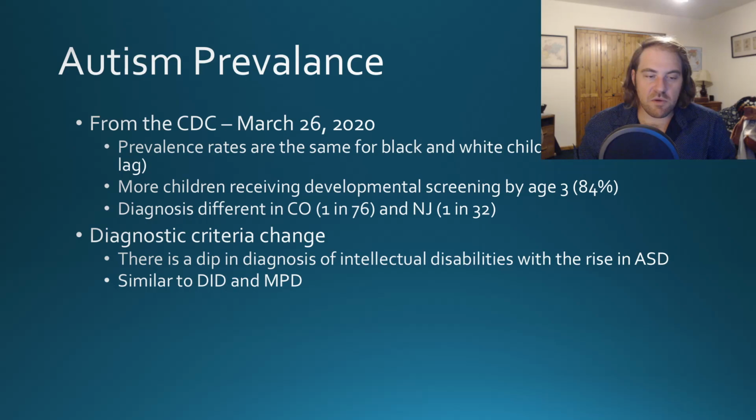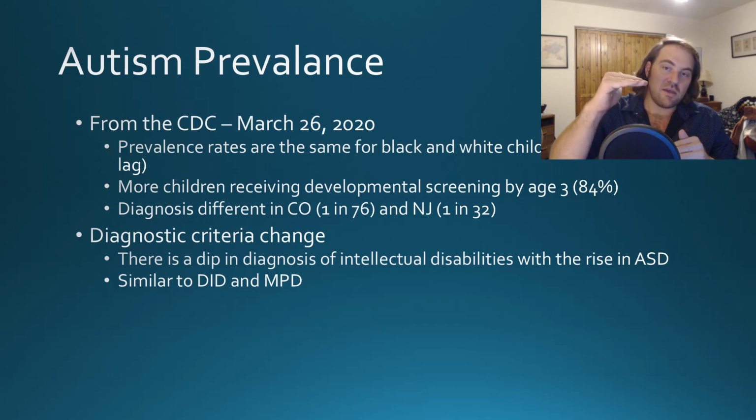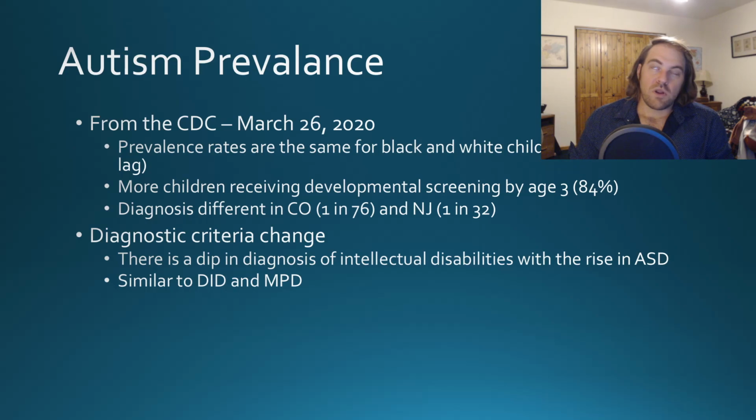It seems like what's going on is there's some criteria overlap. And what we see is that there's a dip in diagnosis of intellectual disabilities as ASD is rising. What I mean by that is there were children who are characterized as having intellectual disabilities or being disabled in some way, diminished cognitive capacity, something like that.